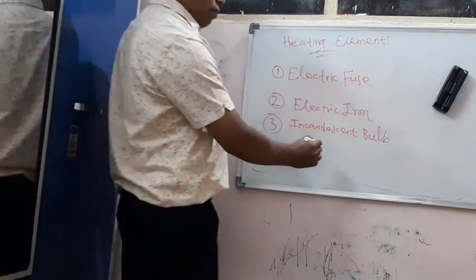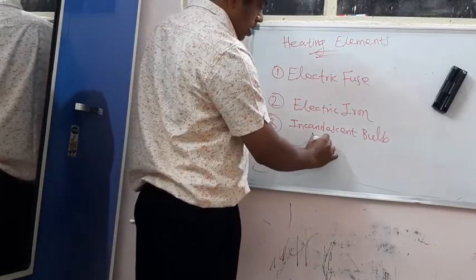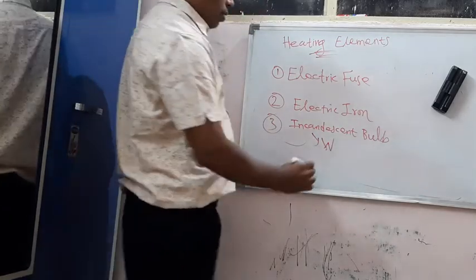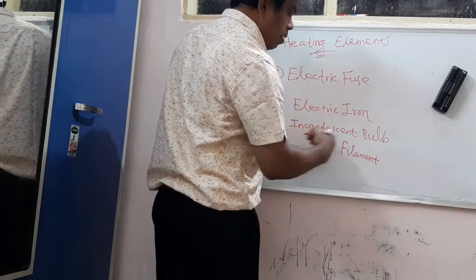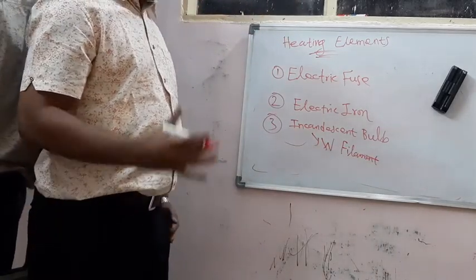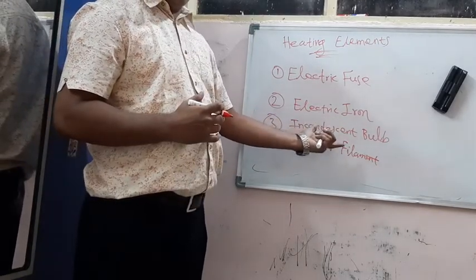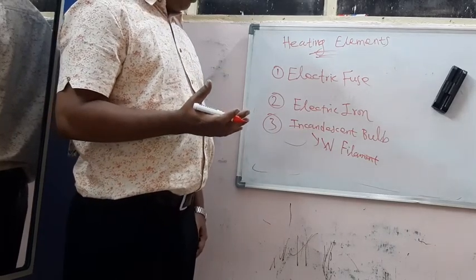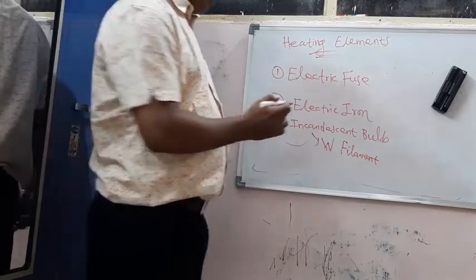In the case of an incandescent bulb, a tungsten filament is used because of its higher melting point, so more heat is generated inside the lamp.